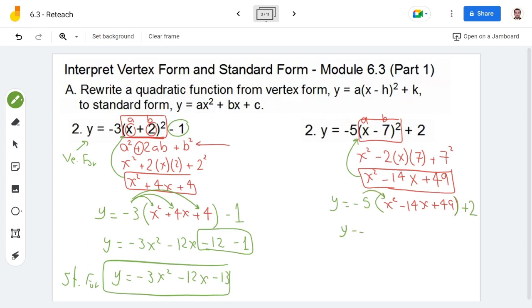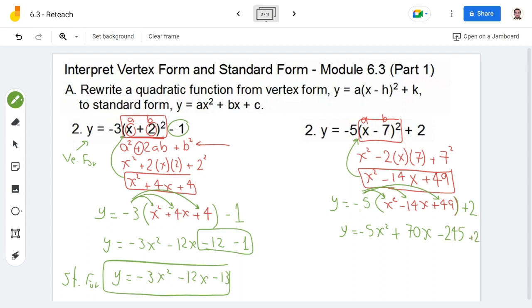So y is equal to negative 5x squared, negative 5 with negative 14 is positive 70x. Then we have negative 5 times 49, it should be 245, I think. Yes, 245, and don't forget plus 2.